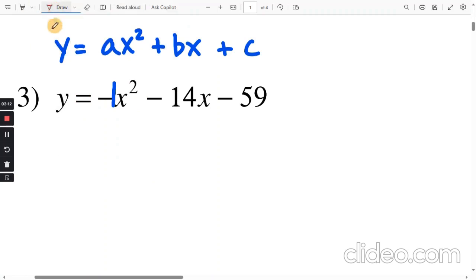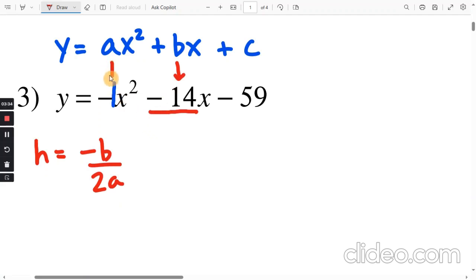So let's solve for h and k. h is going to be negative b over 2a. We can see the value for b. b is the number that's times x, that's going to be negative 14. Make sure you keep the plus minus sign. And we see the value for a is the number times x squared, that's negative 1.